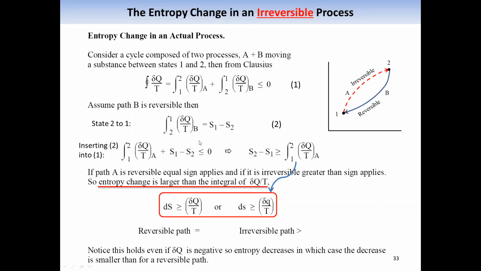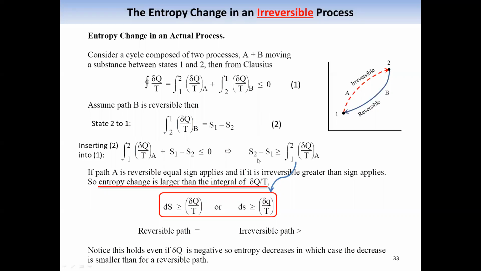This is how entropy was defined. Therefore, we can express this integral as the difference between the entropy at state 1 and state 2. Substituting this integral in equation 1, we get this expression. And rearranging this expression, we get this equation.